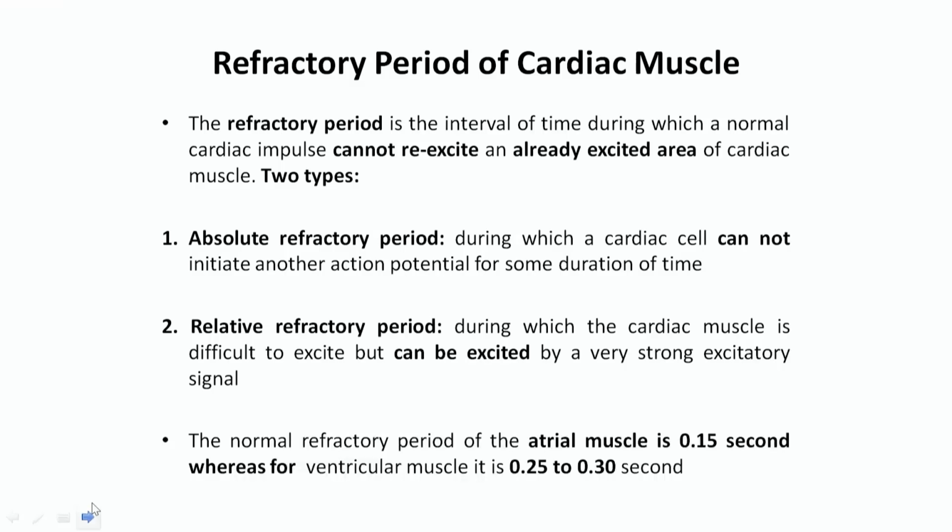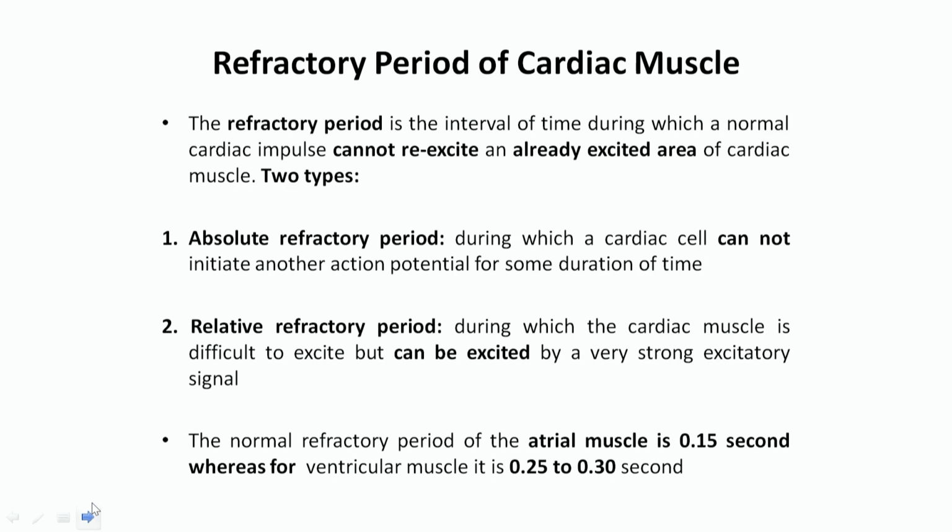It is of two types: one is called the absolute refractory period, and the other is called the relative refractory period. In the absolute refractory period, a cardiac cell cannot initiate another action potential for some duration of time. Whatever impulse you provide will not excite the cells for that period. In the relative refractory period, the cardiac muscle is difficult to excite but can be excited by a very strong excitatory signal.